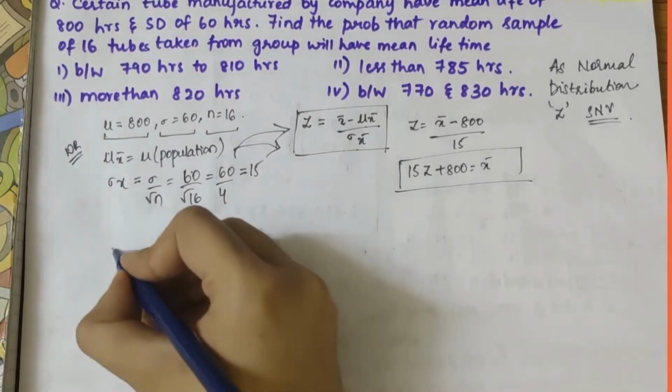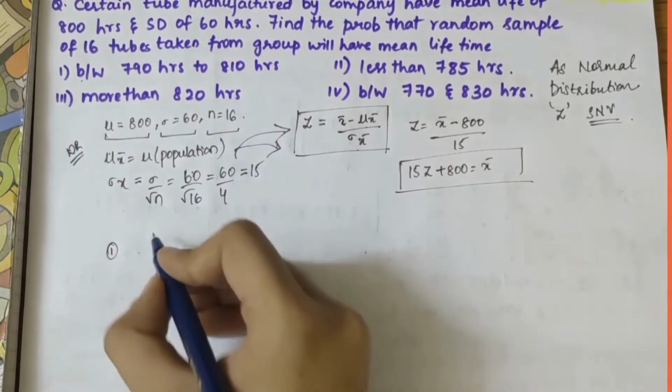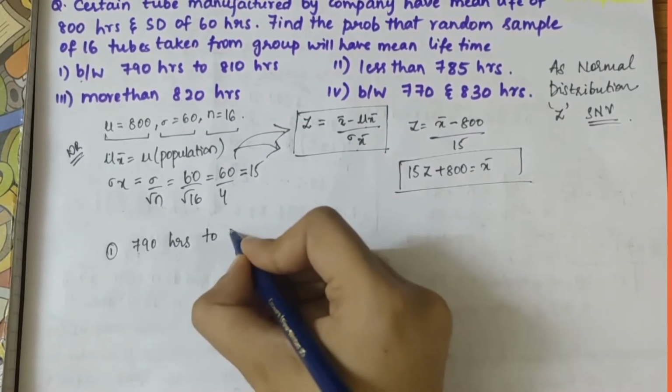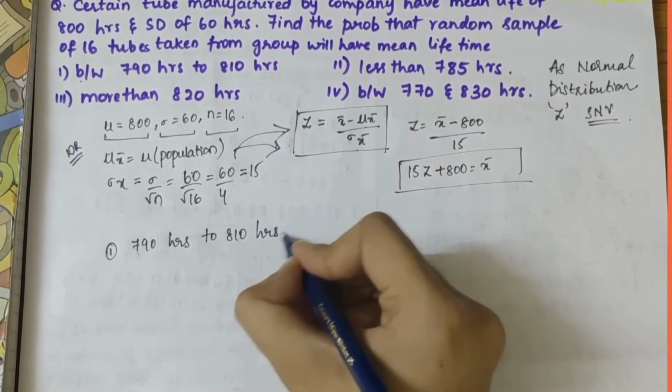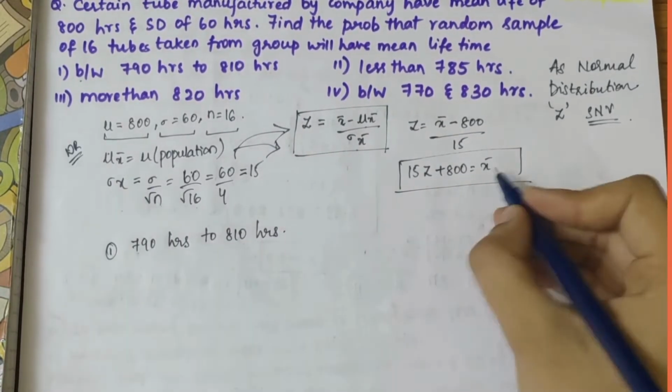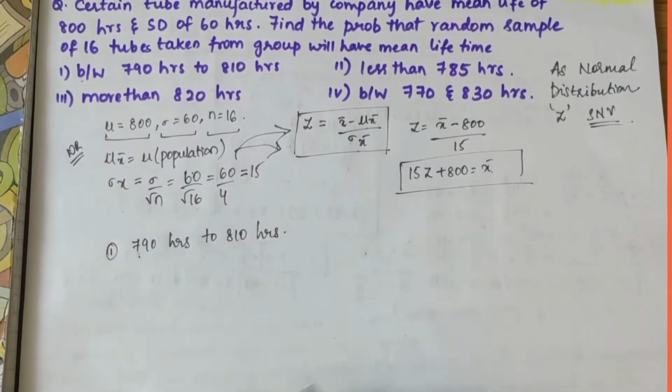Now let's look into the said 790 hours to 810 hours. When it is given between two limits, the first step we do is consider x bar as these two values.